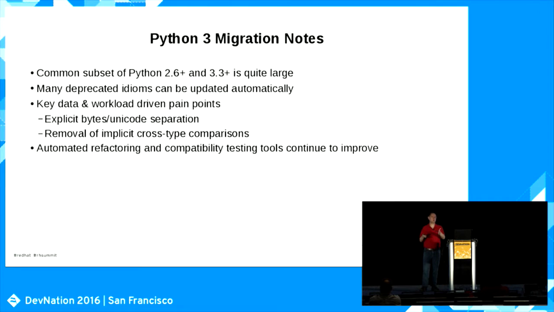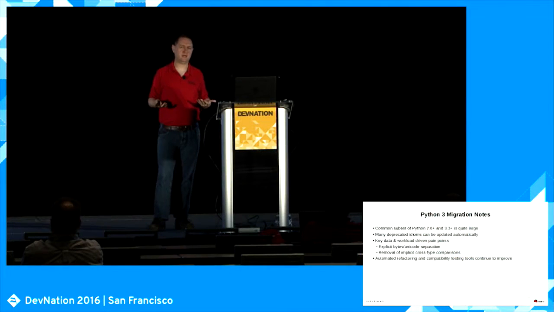You can also write code in that common subset that looks a lot like idiomatic Python 3 code. And with the aid of tools like Modernize and Futurize, a lot of the legacy idioms from the 2.2, 2.3 era, and even 1.5.2 in some cases, can be dealt with automatically. You don't have to do it by hand.